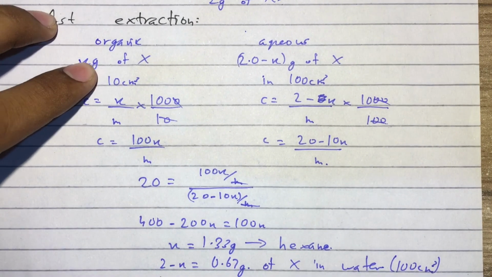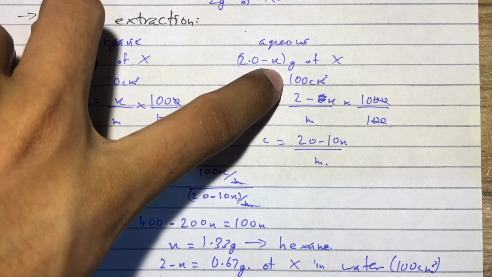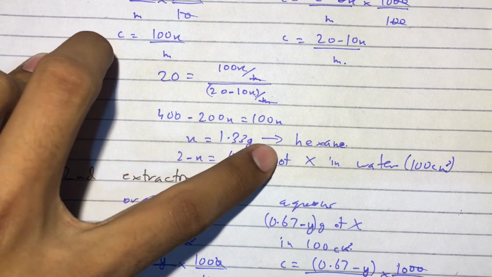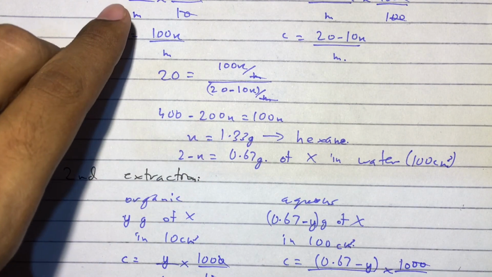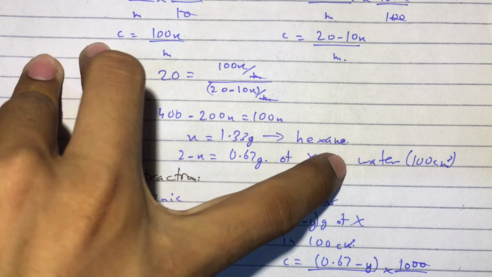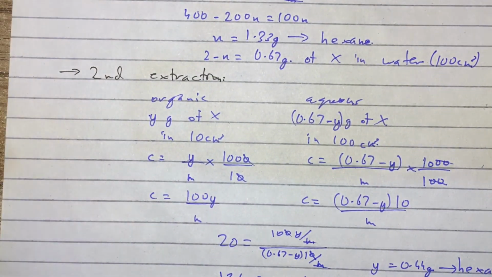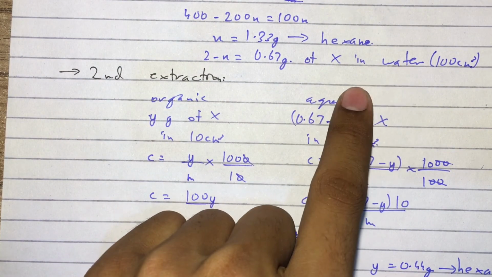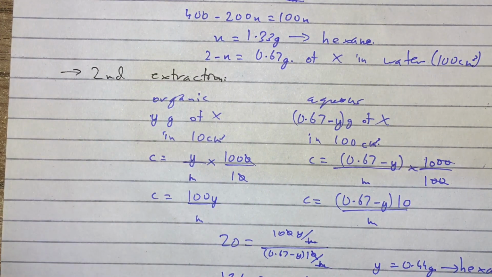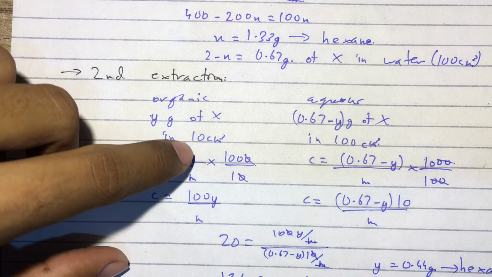So we use 10 centimeter cube and the full volume of the water. 1.33 gram of X got extracted into the 10 centimeter cube of hexane, and 0.67 grams of X remained in water. Now in that 100 centimeter cube of water which had 0.67 grams, we added the remaining 10 centimeter cube of hexane.